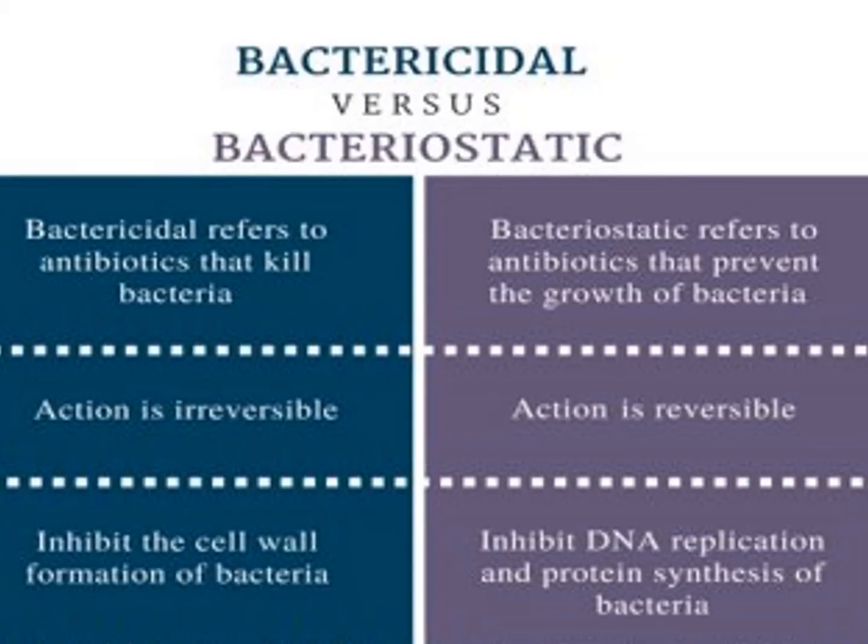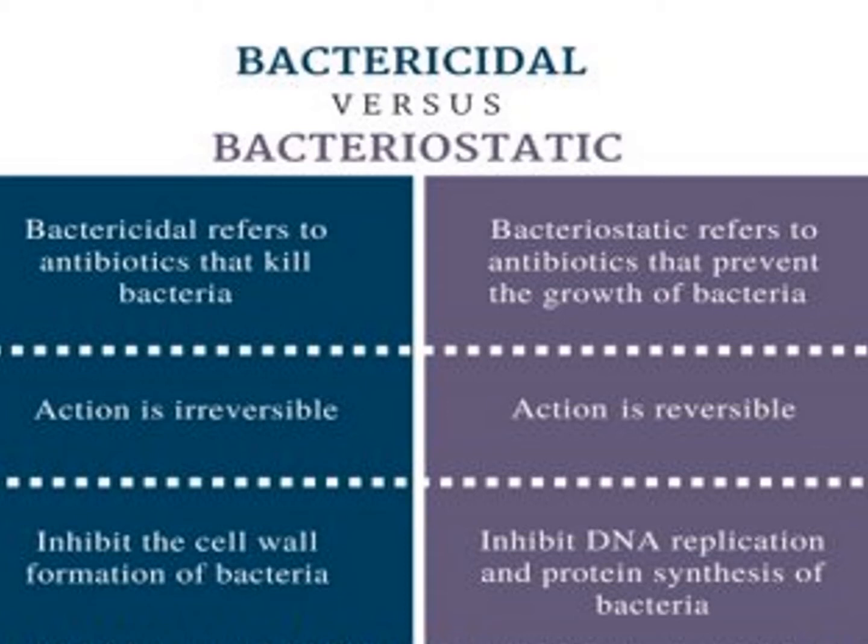Okay, so the next slide is on bactericidal versus bacteriostatic. Bactericidal antibiotics kill the bacteria. Bacteriostatic antibiotics stop the functioning of the bacteria, such as stopping protein synthesis within the bacterial cell, and that stops the bacteria from being able to divide.